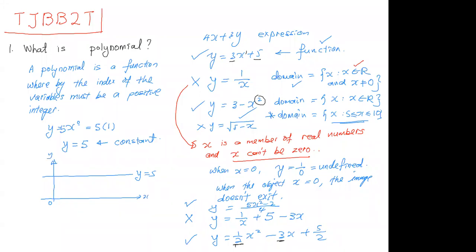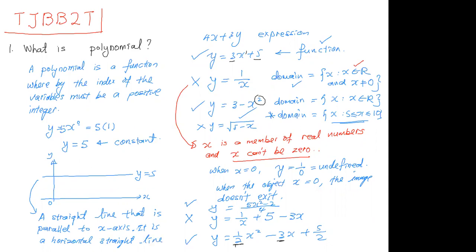This is called y equal to 5, and we call this a straight line that is parallel to the x-axis, and we also call it a horizontal straight line.